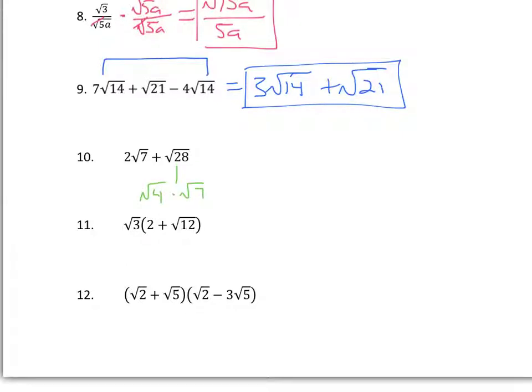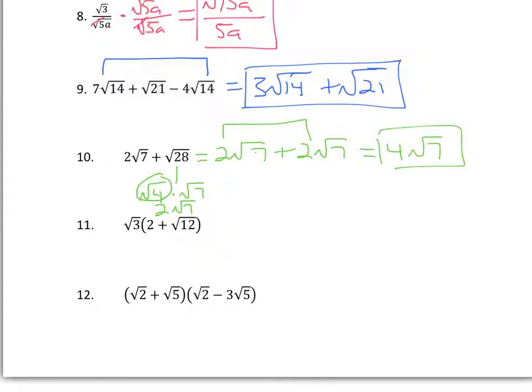Well, square root of 4 we know is 2, so it's the same as 2 root 7. Because we know square root of 4 is 2, right? We don't know what square root of 7 is, so that's why we have to leave it like that. So we could rewrite this problem as 2 root 7 plus another 2 root 7, because square root of 28 is the same as 2 root 7. So they have the same number inside the radical, so you could just add the coefficients. 4 root 7 is the final answer.